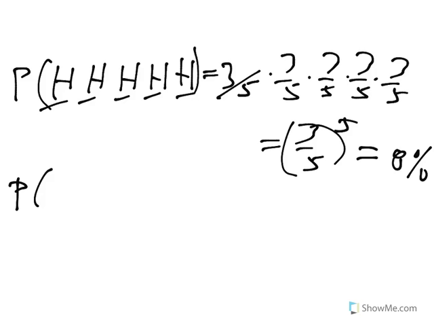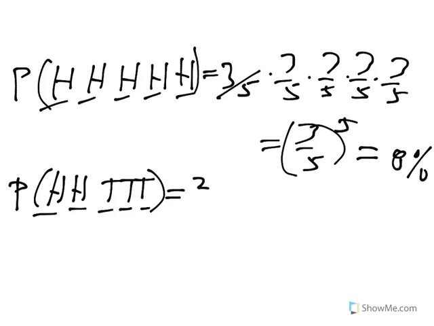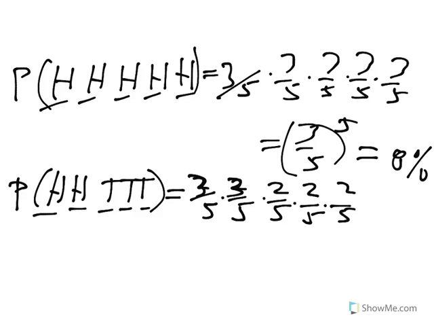The probability of getting 2 heads and 3 tails is actually higher than that. But the probability of getting 2 heads in a row, followed by 3 tails in a row, in this order, heads, heads, tails, tails, tails, would be 3/5 times 3/5 times 2/5 times 2/5 times 2/5, which is actually smaller.